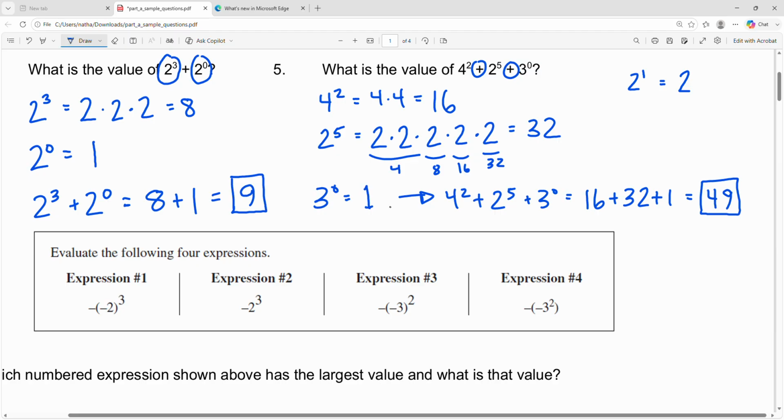We're not multiplying it by anything. It's still just 2, right? So if we see a 2, sometimes it's helpful to understand that any integer, any rational number that does not have an exponent, we can consider as having the exponent 1. 2 squared is 2 times 2. 2 cubed is 4, which is 2 squared times 2. 2 to the 4 is 8 times 2, which is 16. 2 to the power of 5 is 16 times 2, which is 32.